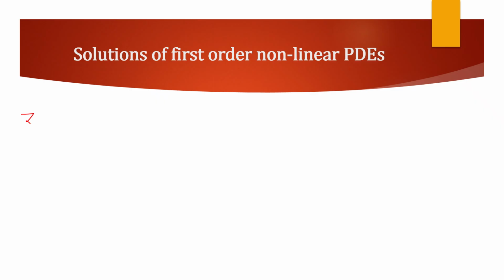z is equal to 1 by 2 x power 2 by 3 into y power 2 by 3 plus 1 by 2 x power 2 by 3 into y power 2 by 3 minus 4 into 1 by 4 into x power 2 by 3 and y power 2 by 3.